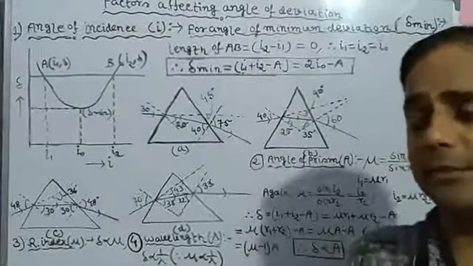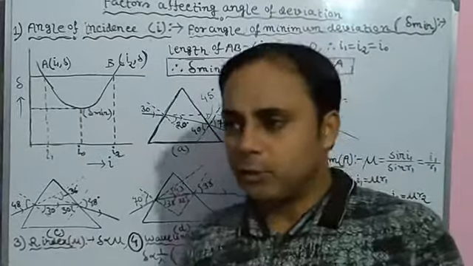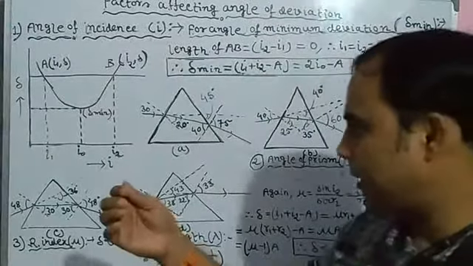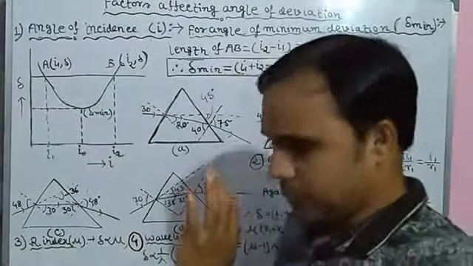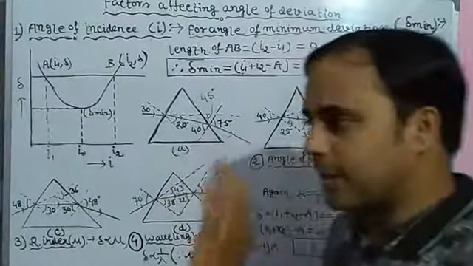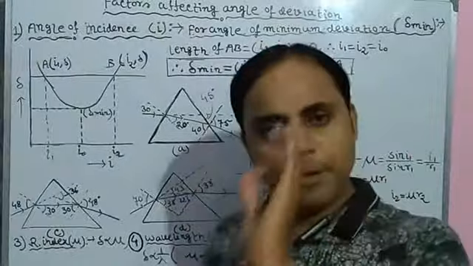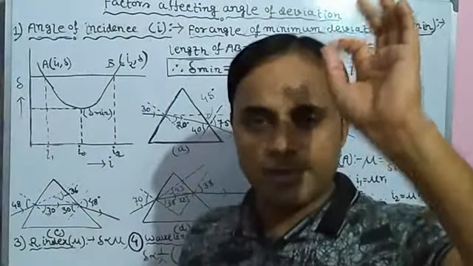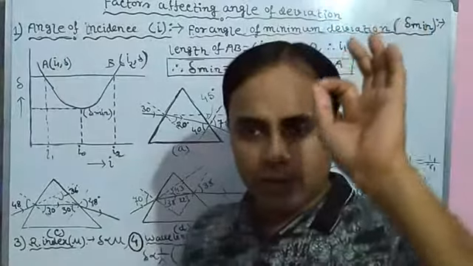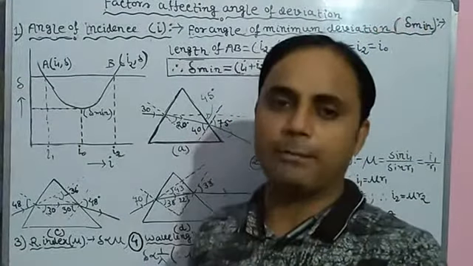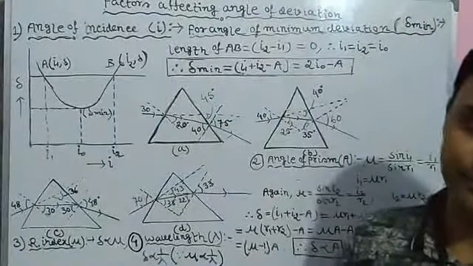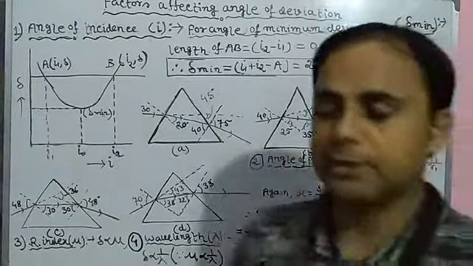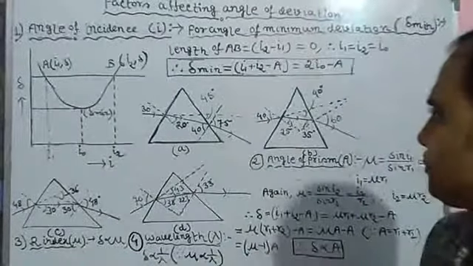It has been experimentally seen that if we increase the angle of incidence from 0 gradually, the angle of deviation at first decreases, then reaches its minimum value, and then with further increase of the angle of incidence it starts increasing again. How and why this happens, we will discuss in this video.